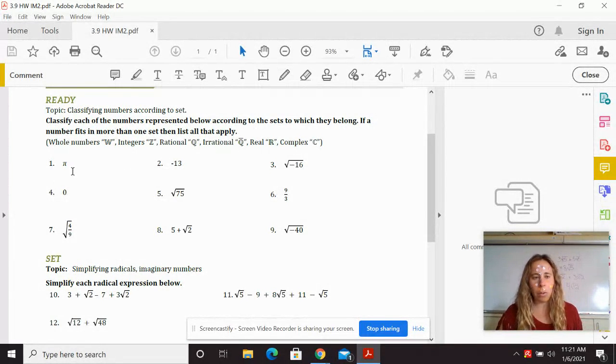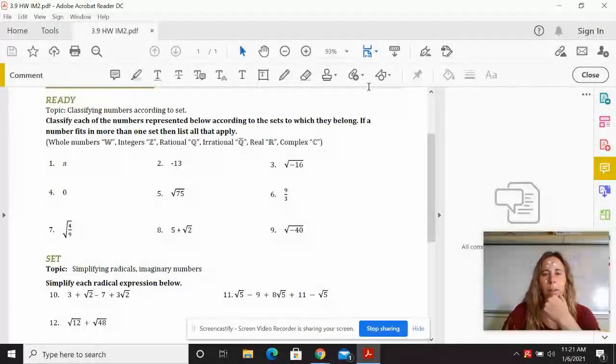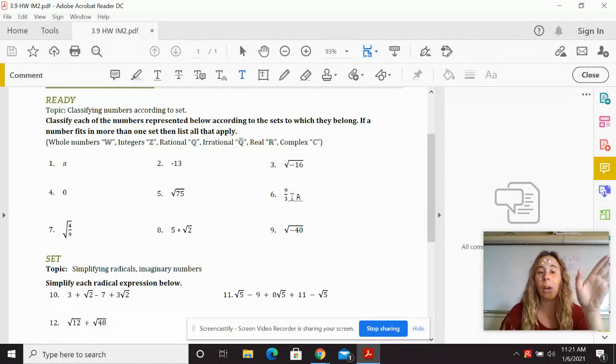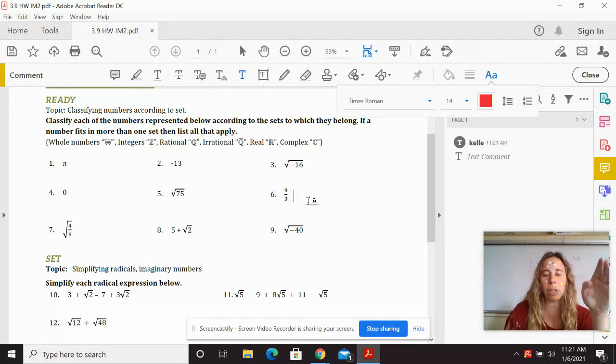All right, so let's see. We did a lot similar to these on our Jamboard this morning. You have to think a little bit more critically, all right? So 9 over 3. That's really just 9 divided by 3, which is 3.